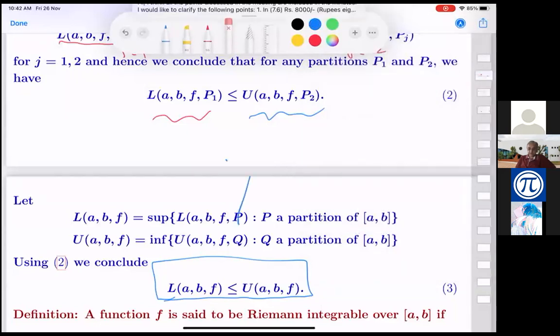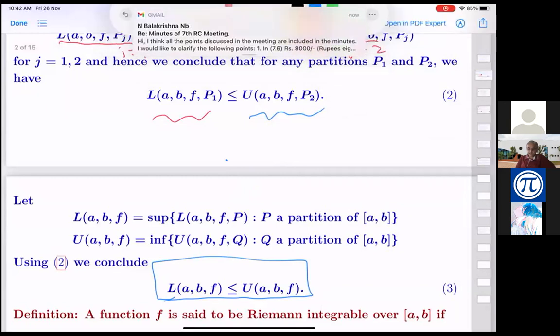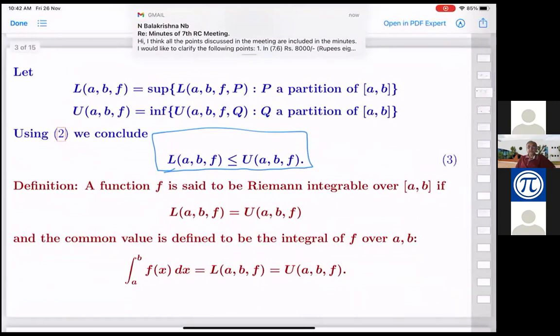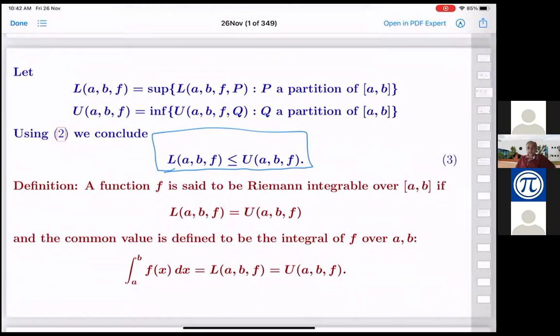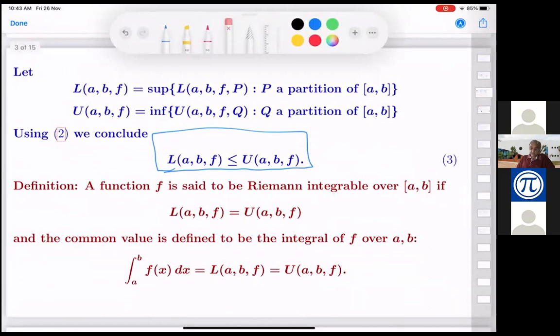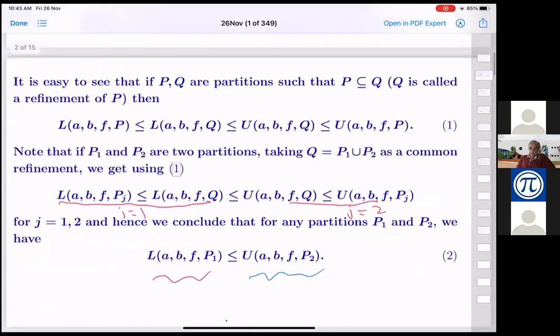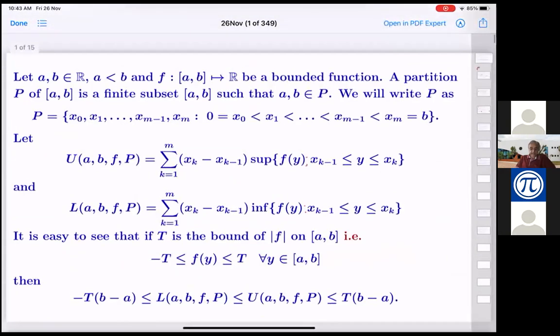Then we come to the definition. Sir, a partition is said to be a subset of another partition if all the intervals are subsets of the intervals of the second partition, right? Wait. Now, I have not taken intervals. Remember my notation this time. Last time I was a bit vague on that. Here, a partition is a finite subset.